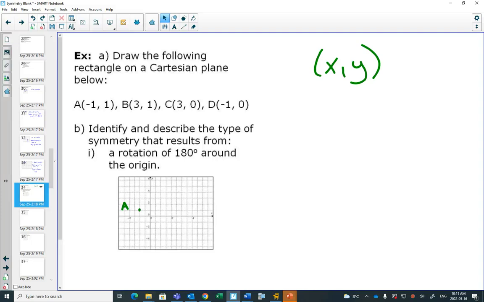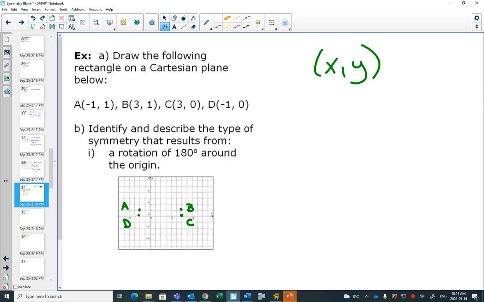So if you wanted to go 3, 1, we would go 3 on the x, and 1 on the y would be there. That would be point B. 3, 0, there would be point C. And -1, 0, there would be point D.